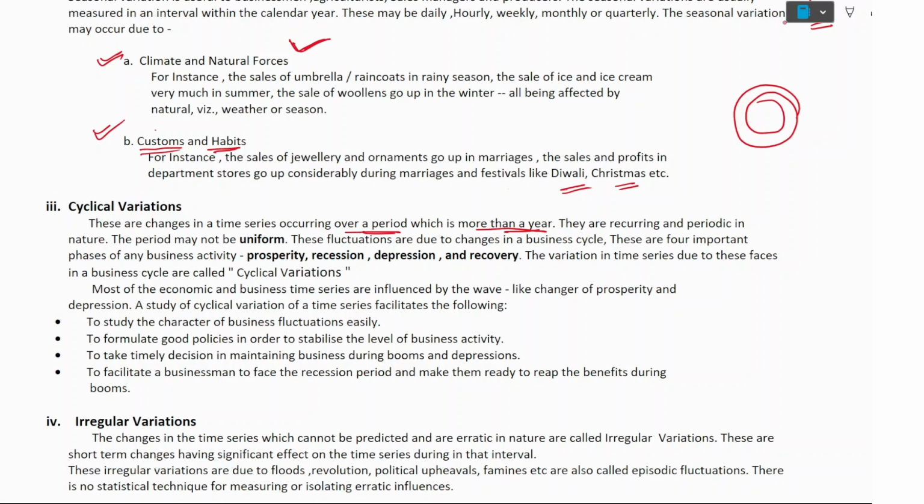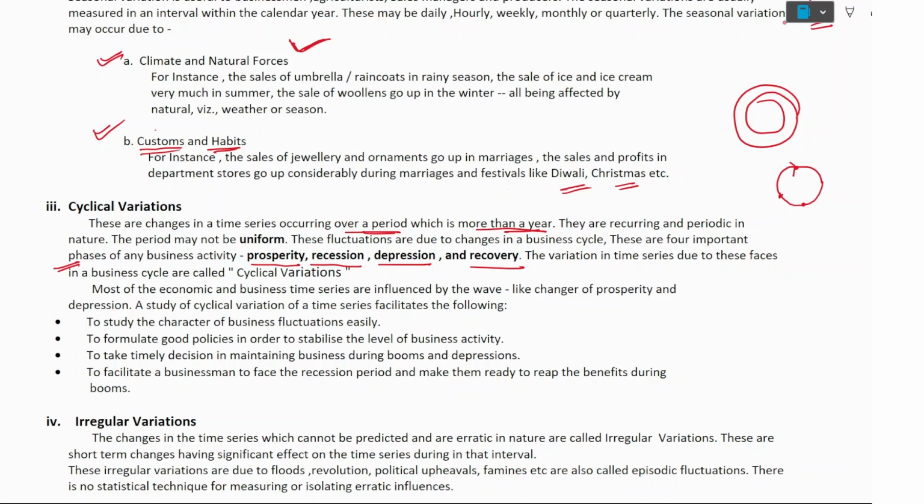This mostly happens in the business cycle. There are four phases for any business activity: prosperity, recession, depression, and recovery. These are called the four different phases of a business cycle. That means for the production of a particular thing, prosperity happens, then sometimes it comes to a recession stage, then goes to a depression stage, and from there it comes back to recovery.